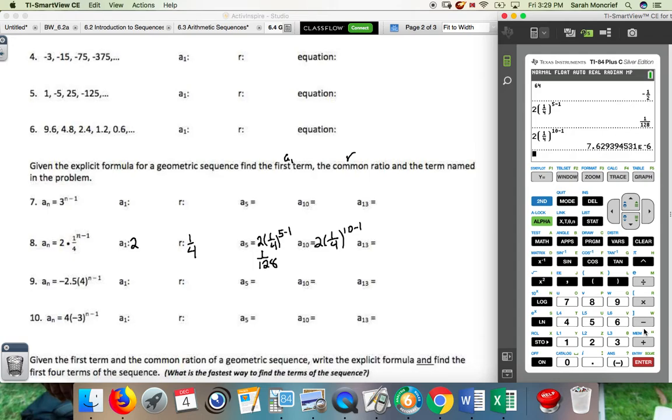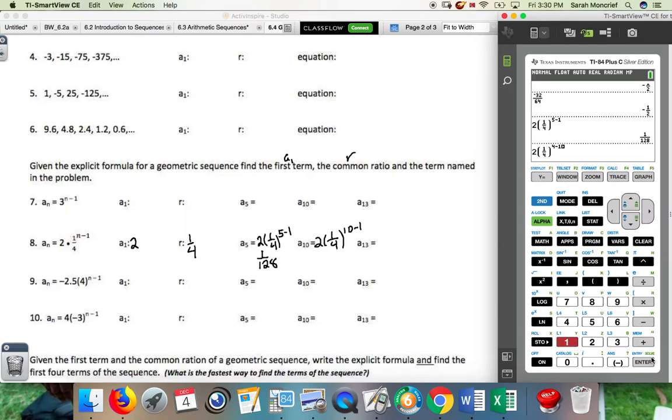But let's take a minute to remember something about geometric sequences. We'll plug in 4 real quick, so we can see the pattern going on. So we have 2 times 1/4 to the 4 minus 1.